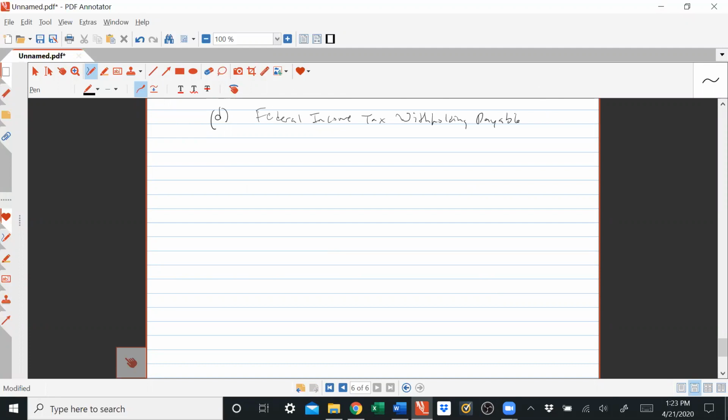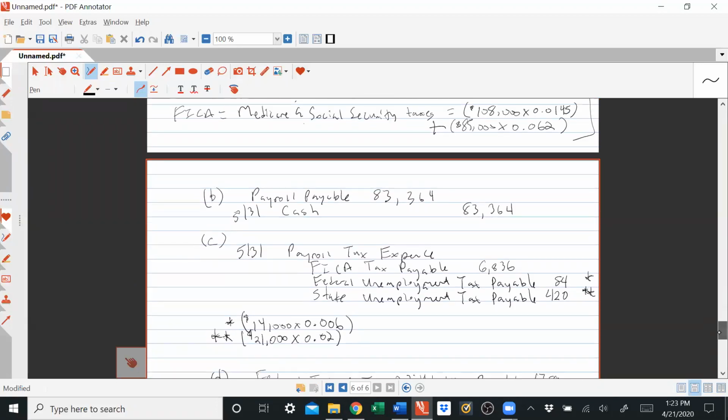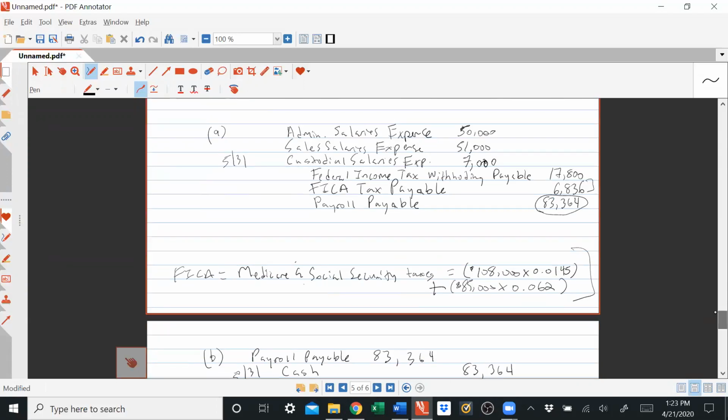Now we're turning it over to the government. So we want to debit that for $17,800. We want to debit the FICA tax payable. Now, FICA tax payable, we owe to the government our own FICA tax and the amount we withheld from our employees' checks.